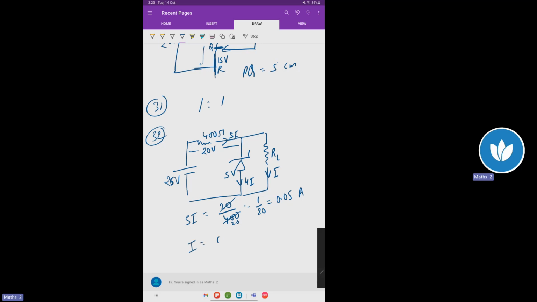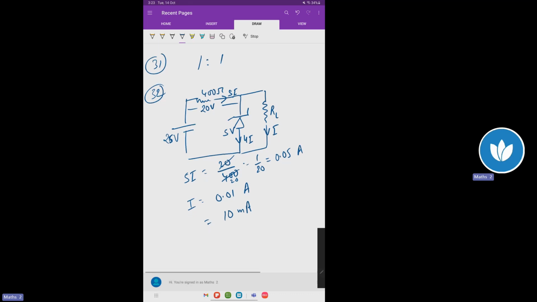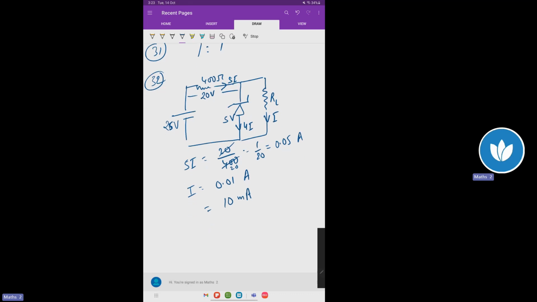So I is 0.01 ampere, or we can say 10 milliampere. So load current is 10 milliampere, and for load resistance we know the voltage across it. R is V by I. V is 5 volt and I is 0.01. This becomes 500. Option C.